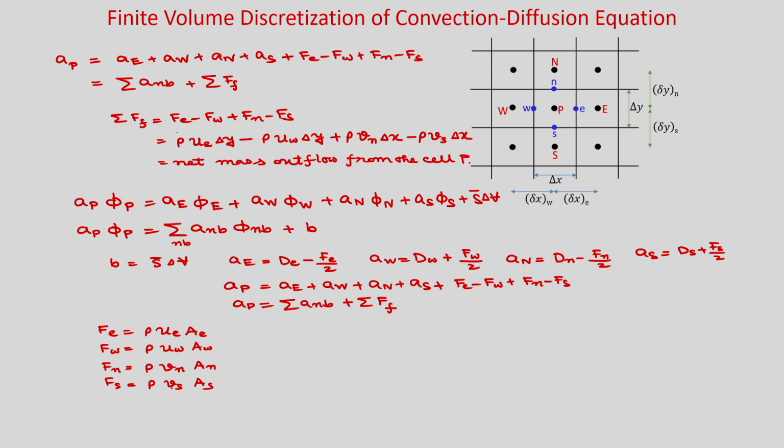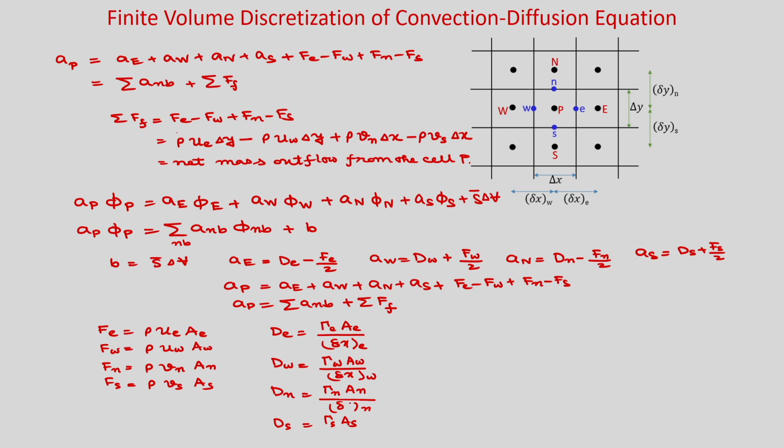And you have dE. So, dE will be gamma e Ae divided by delta Xe. dw is gamma w Aw by delta Xw, dn is gamma n An by delta Yn, and ds is gamma s As by delta Ys.